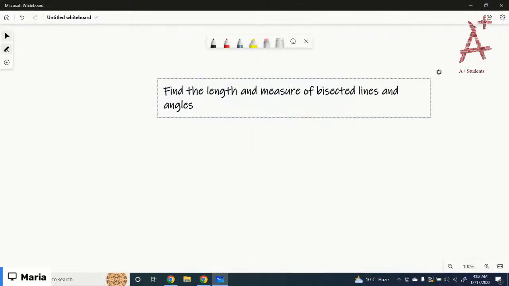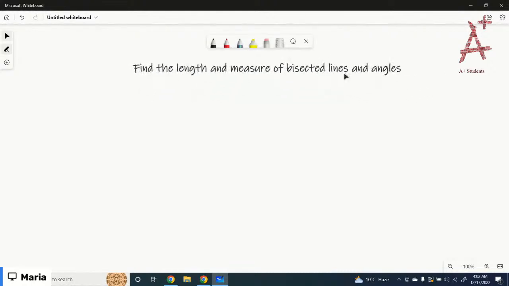Okay, so the lesson name is find the length and measure of bisected lines and angles. So let's start with the lesson.